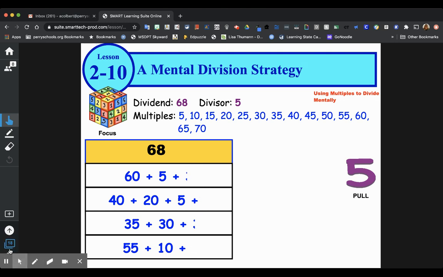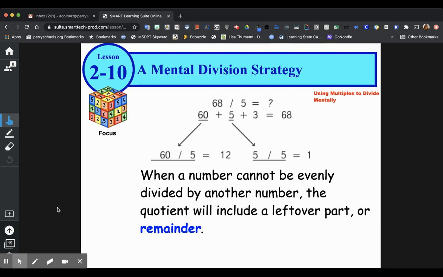So, moving on. When a number cannot be evenly divided by another number, the quotient will include a leftover, or like we said, a remainder. So here's an example: 60 divided by 5 equals 12. 5 divided by 5 is 1, so 12 plus 1 is 13.